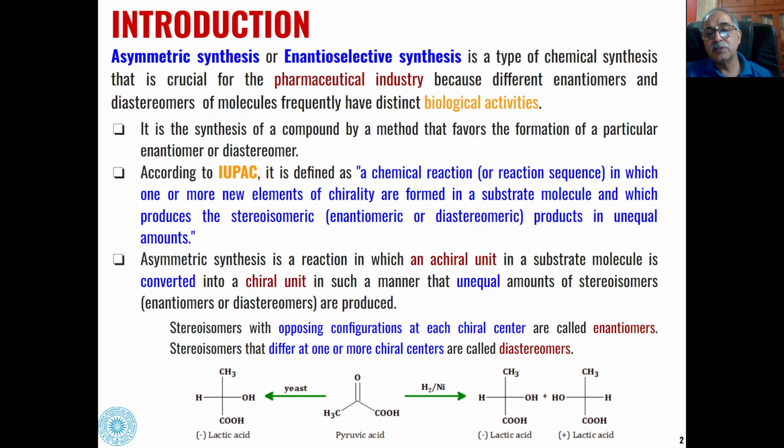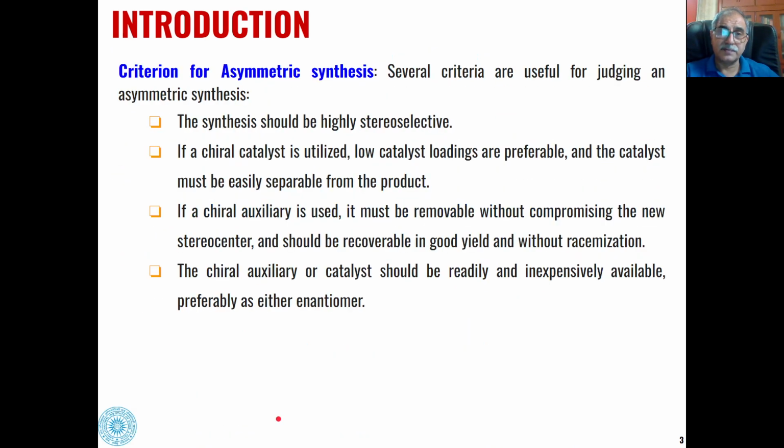When one of the enantiomers or diastereomers is formed in more amount, then this is called enantioselective synthesis. And when only one enantiomer is formed, then it is called enantiospecific synthesis. So this is the example of asymmetric synthesis where we are getting an enantiospecific synthesis.